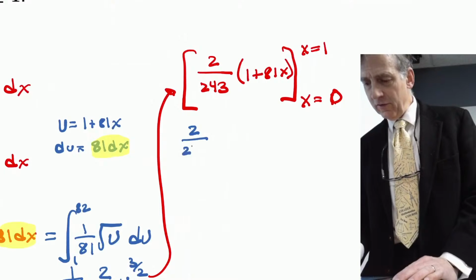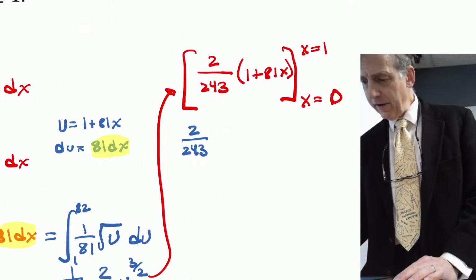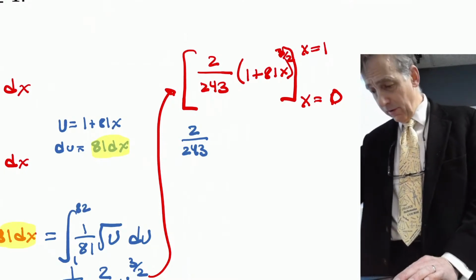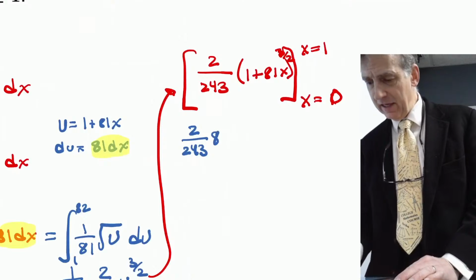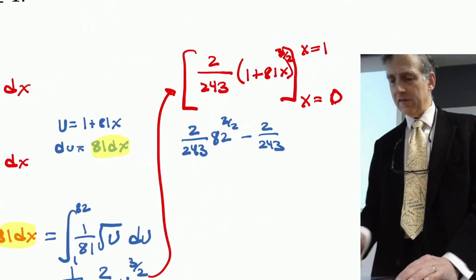So 2 over 243 times, wait a minute, I left something out, didn't I? Sorry, in all my excitement about my limits, I forgot my power. There it is. So 2 over 243 times 82 to the 3/2 minus 2 over 243. That looks pretty good, doesn't it?